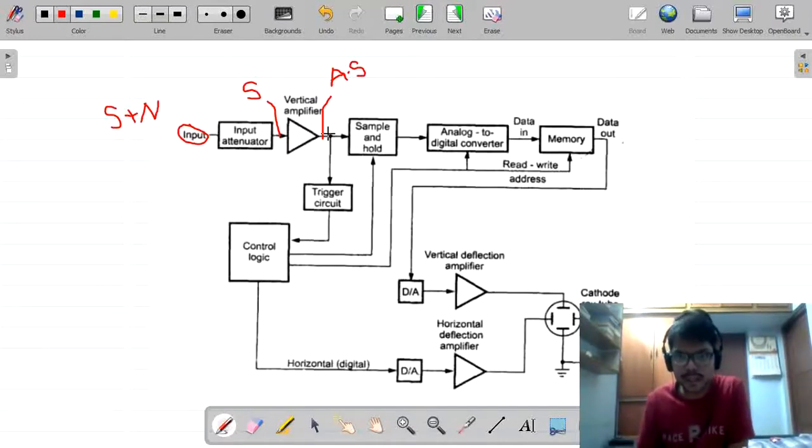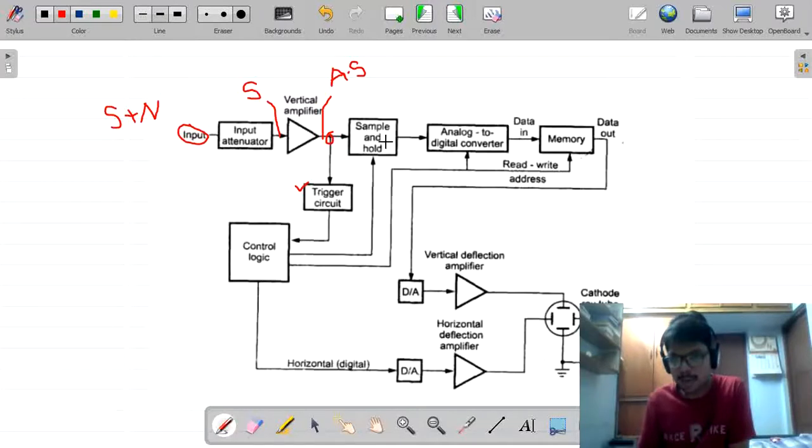Now at this point what is happening? Our signal is given to the sample and hold circuit, and the trigger circuit. We will discuss the trigger circuit after some time. Now we are going to discuss the sample and hold circuit. This is an analog signal, right?